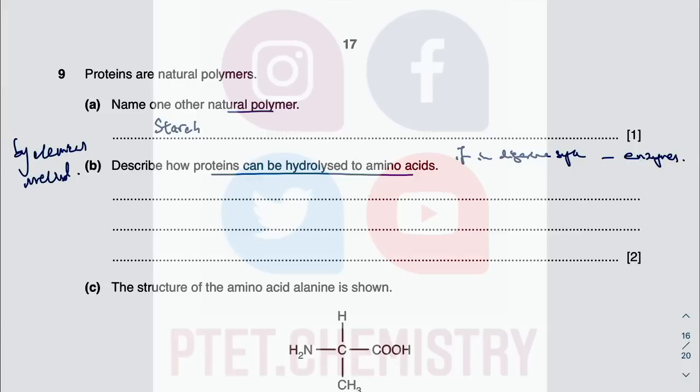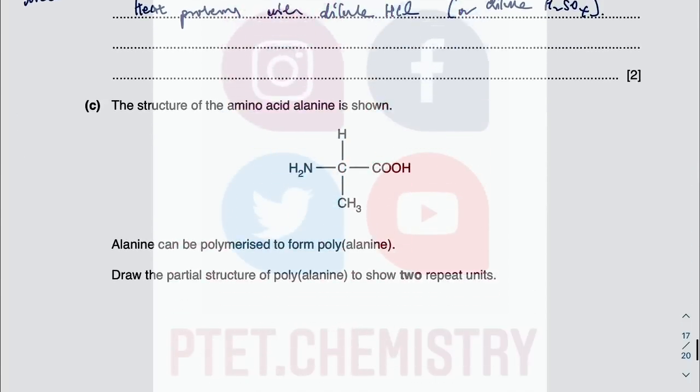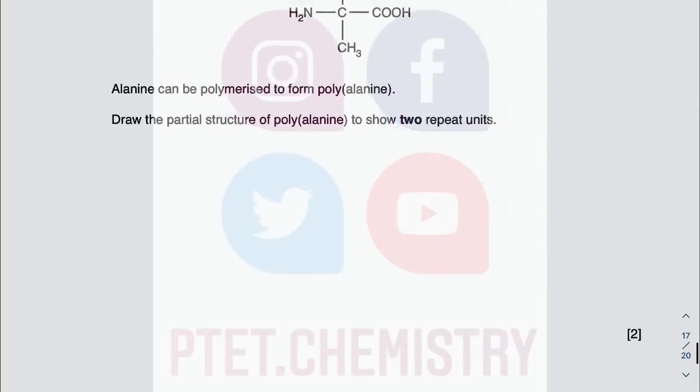Hydrolysis of protein to amino acids, you can do it by heating the protein with dilute HCl, or you can use dilute H2SO4, and that way you can just get the amino acids. Any dilute acid will do.